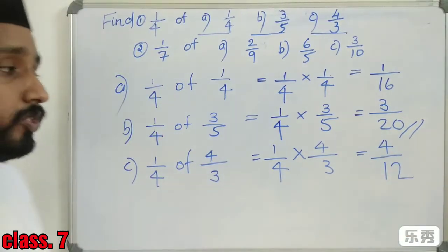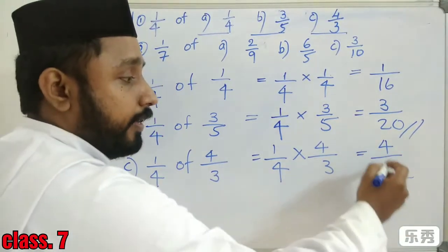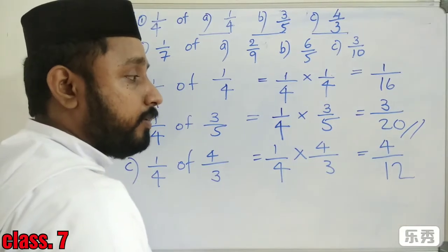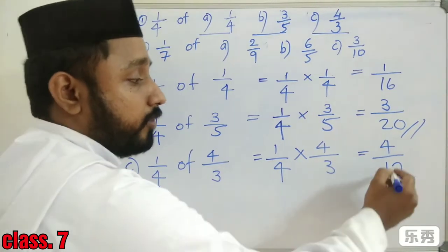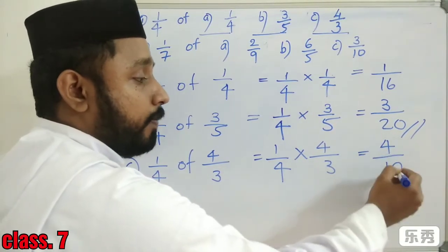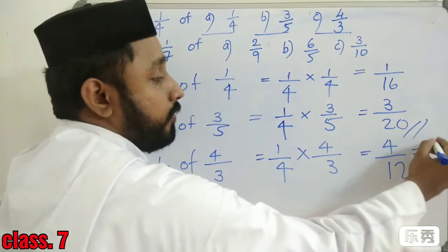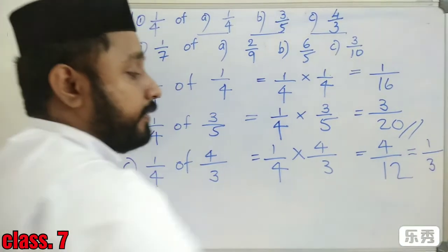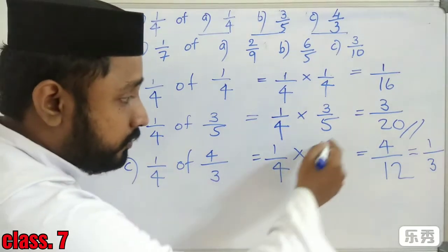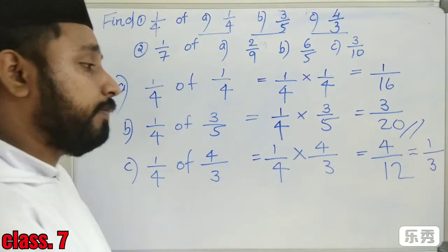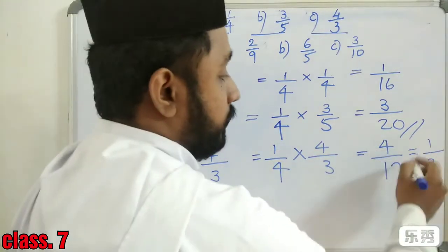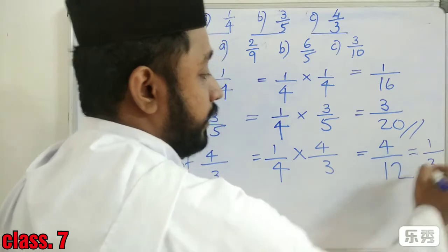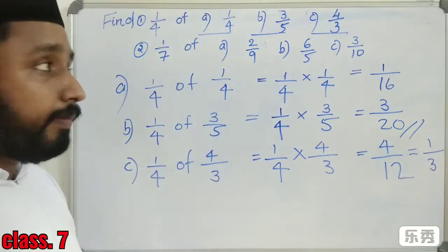So 4 by 12. Here 4 is common, so we can cut with the 4 and we get 1 by 3. So the answer is 1 by 3.